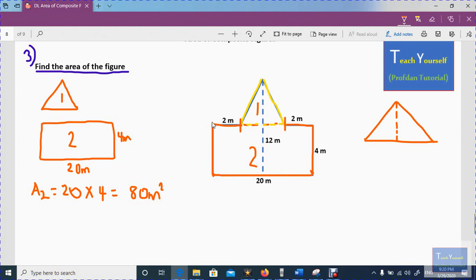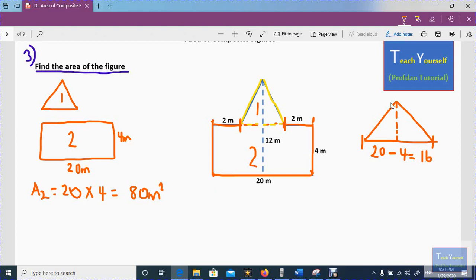If from here to here is 2 as given, and from this point to this point is also 2 as given, then this part is going to be the 20 that we know for the total length minus this 2 and this 2. 2 plus 2 is 4, so we have minus 4. So this is 16.